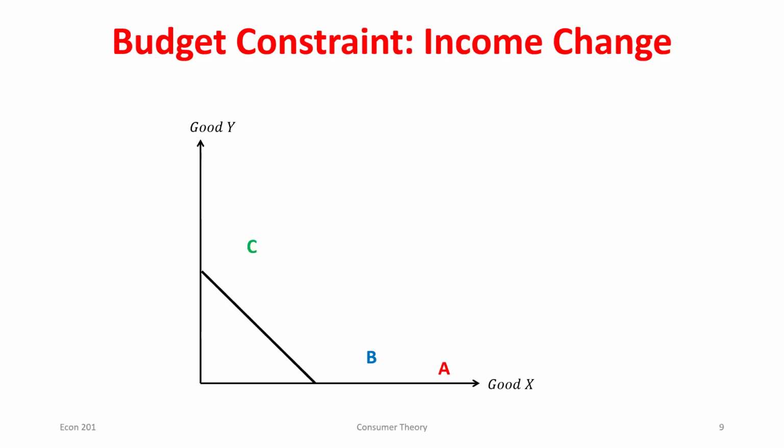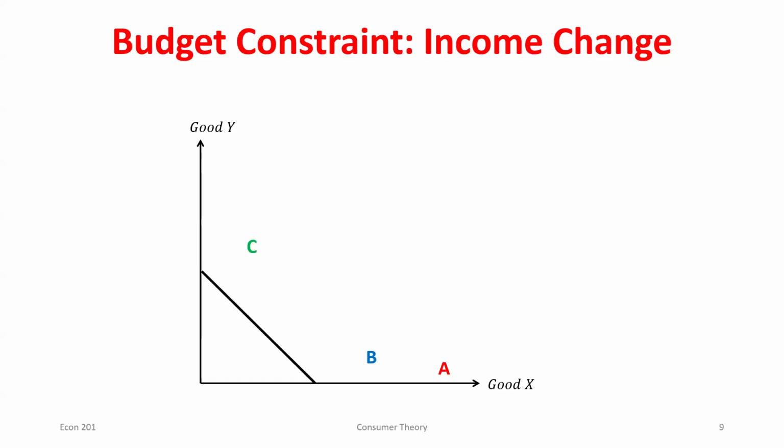Sure enough, it was going from 20 to 0, 0 to 10. I get that same slope as if I use the relative prices. So changes in the price of one good would change the slope of our budget or income constraint, but we still have a similar idea.